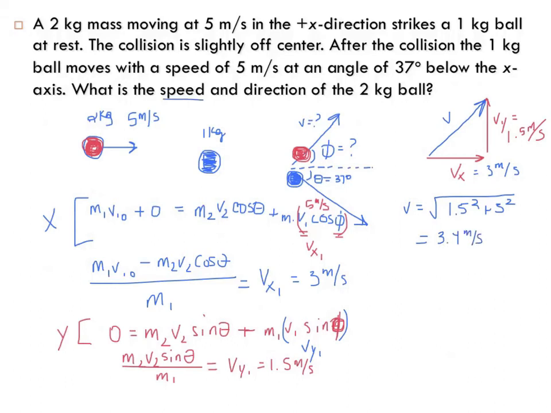And that only covers the speed portion. I need to go back and find the direction. For that, we can use inverse tangent of 1.5 over 3, which gives me an angle of 27 degrees, rounded.